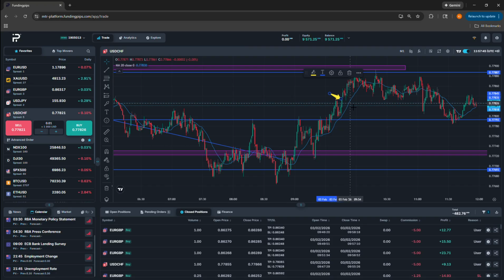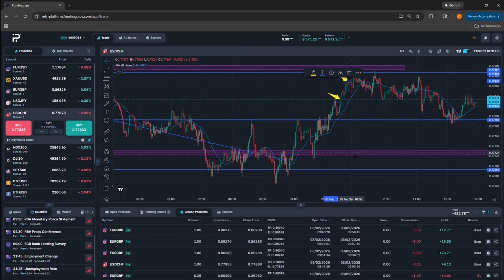So I got out approximately right here. Yeah, right there. So I would have gotten on right here with a minimal amount of gain. I thought it was going to go a little bit higher, but I did sell it.